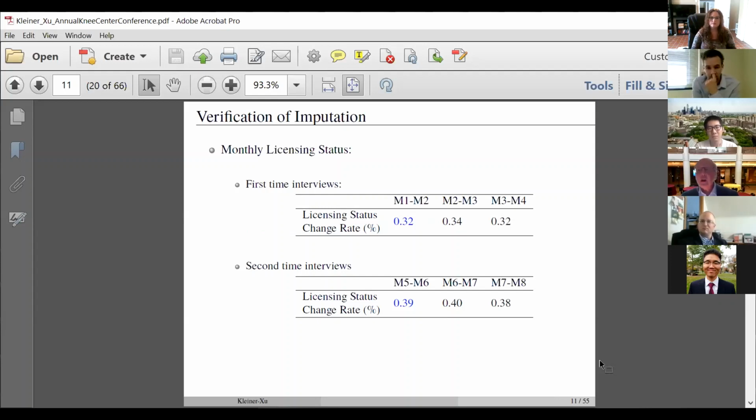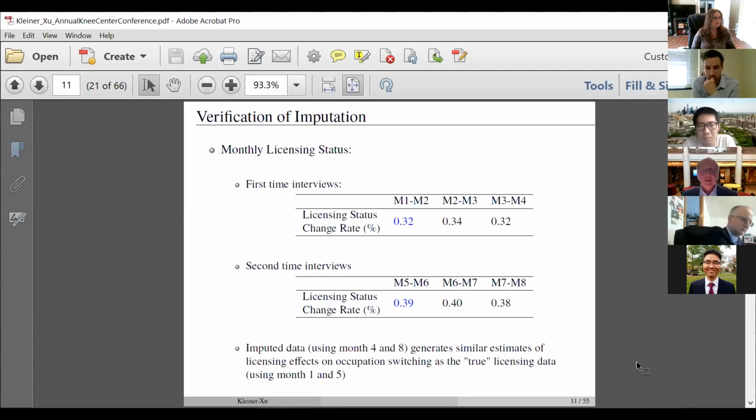We looked at other characteristics rather than just the licensing data, which the CPS presents. So that's one thing to be aware of if you're looking at some of the dynamics within the CPS, is that we think there's some errors in the data in the months that they don't ask about changes in licensing status. So we did both our imputed values for months 4 and 8, and we also did the months that the CPS data as robustness checks.